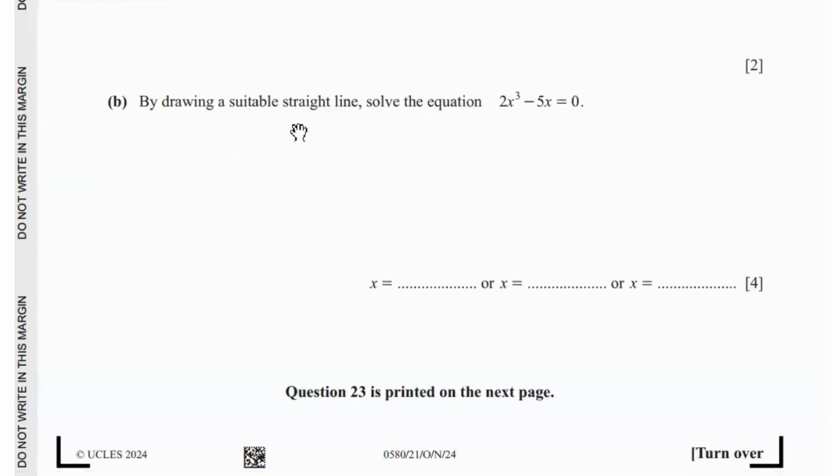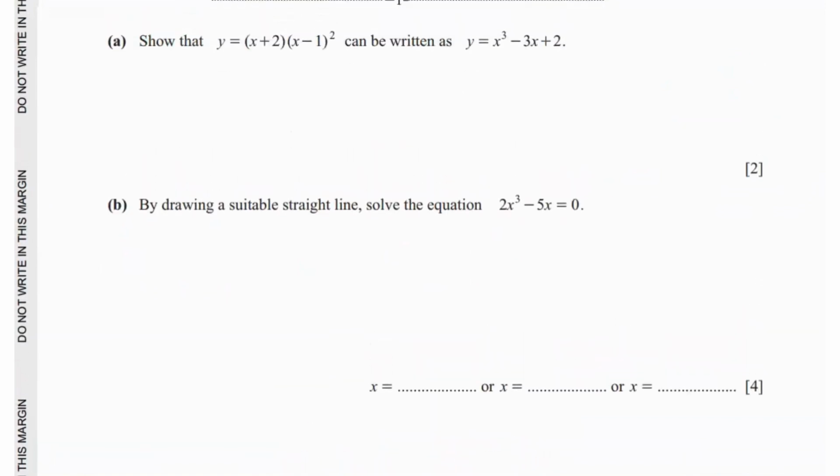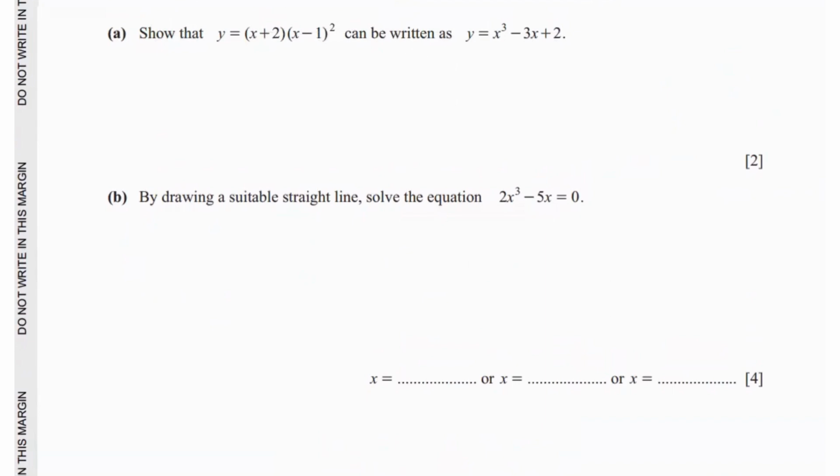Then part B says by drawing a suitable straight line, solve the equation 2x cubed minus 5x equals 0. So now to understand how we're going to draw a straight line, we need to look at the initial equation, which is y equals x cubed minus 3x plus 2. And over here we have 2x cubed minus 5x.